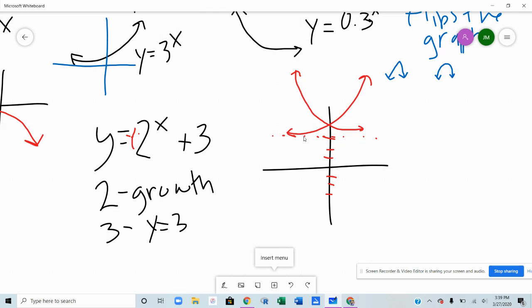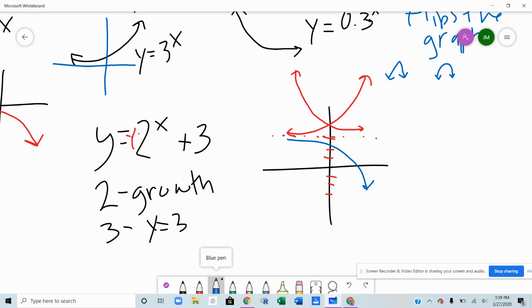So it's still going to be up 3, and here's the line it's never going to cross. And because it's 2, it looks like a growth initially, but now upside down, it'll look like that. Okay?